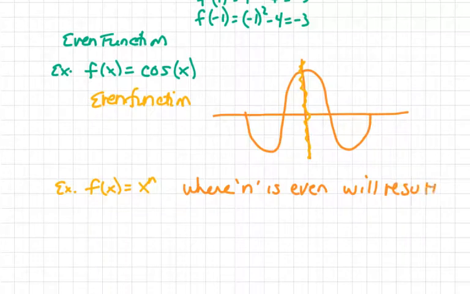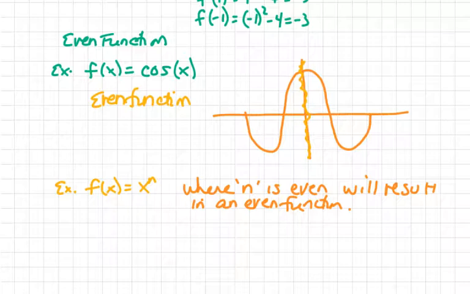So that's a quick check and some helpful hints. However, the real check is when you substitute in the negative x, you get the same y out. So that's an algebraic check for even functions. All right. So how about odd functions? What can we do there?